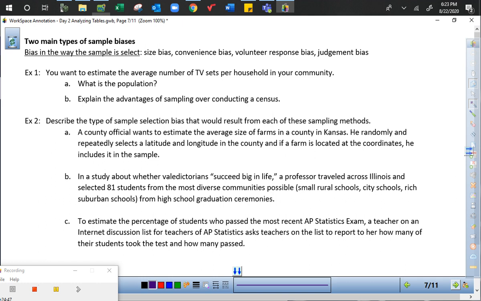So our population here is, who are we looking at? Who are we collecting data on? And it's talking about the households in your community. So your population is the households in your community.